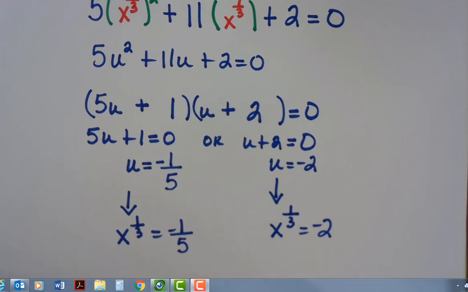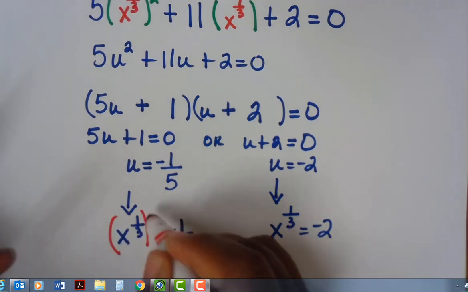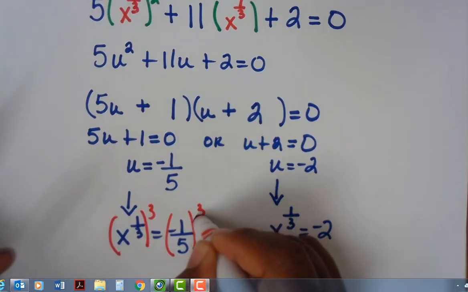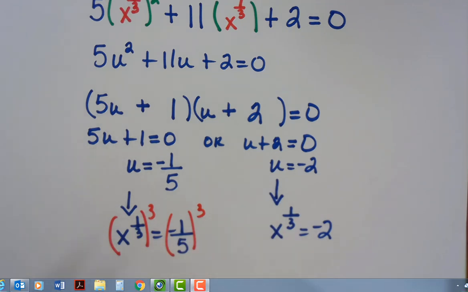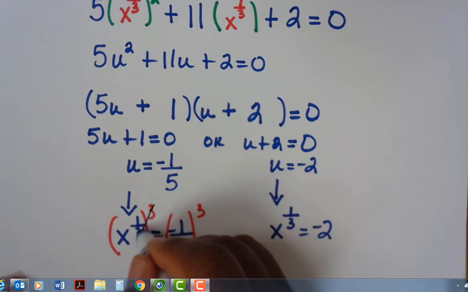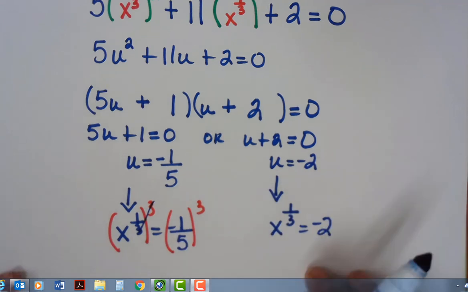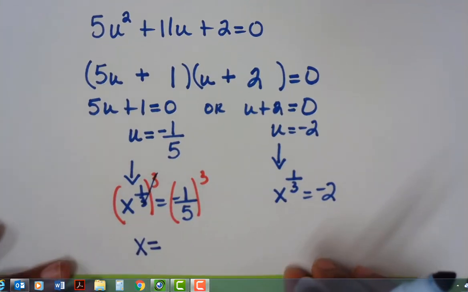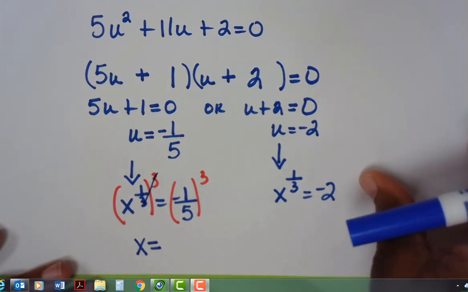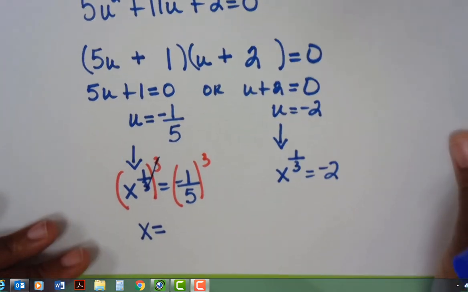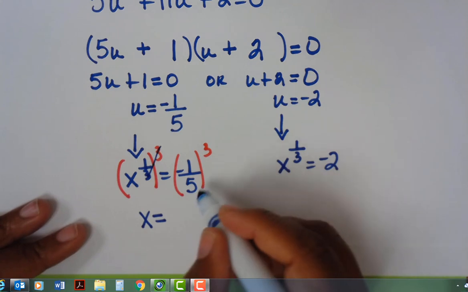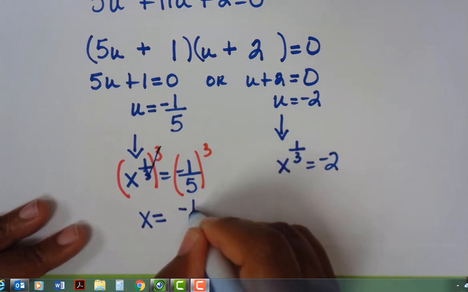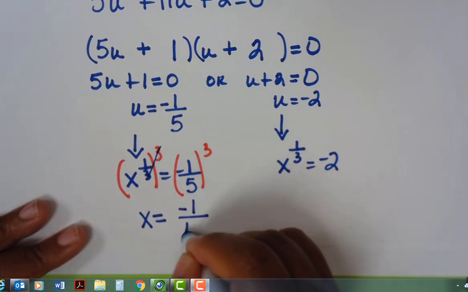And we will work that way, but to solve for x here, we're going to raise both sides to the 3rd power. So on the left-hand side, the exponents cancel out, and then we have x equal to the quantity of negative 1/5 cubed, and that would give us negative 1 over 125.